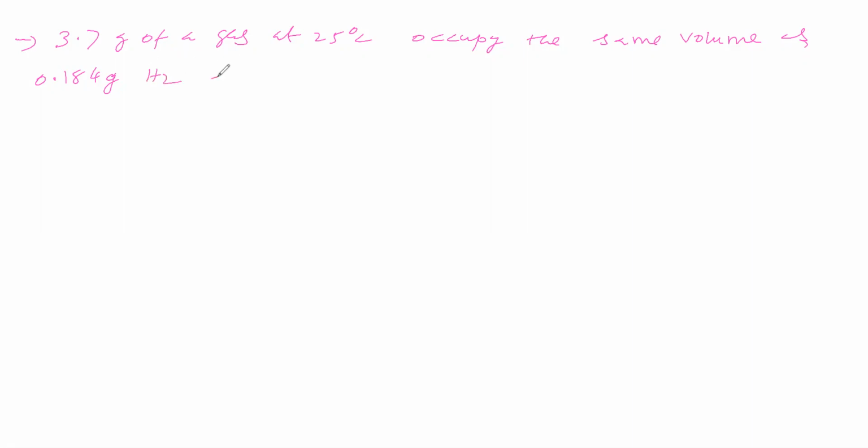Next sum: 3.7 gram of a gas at 25 degrees Celsius occupy the same volume as 0.184 gram hydrogen at 17 degrees Celsius at the same pressure.